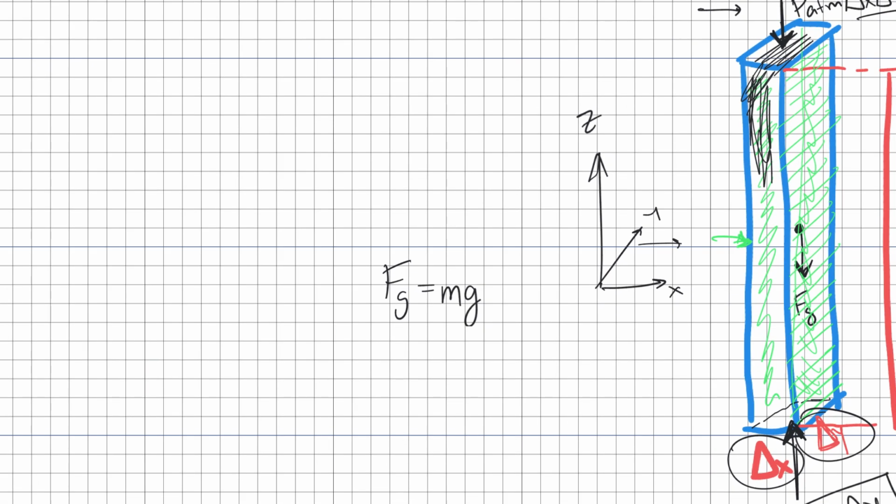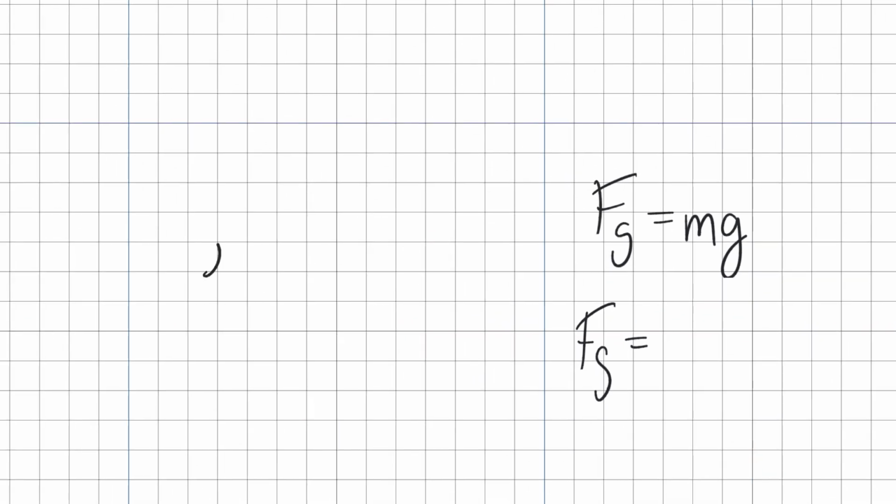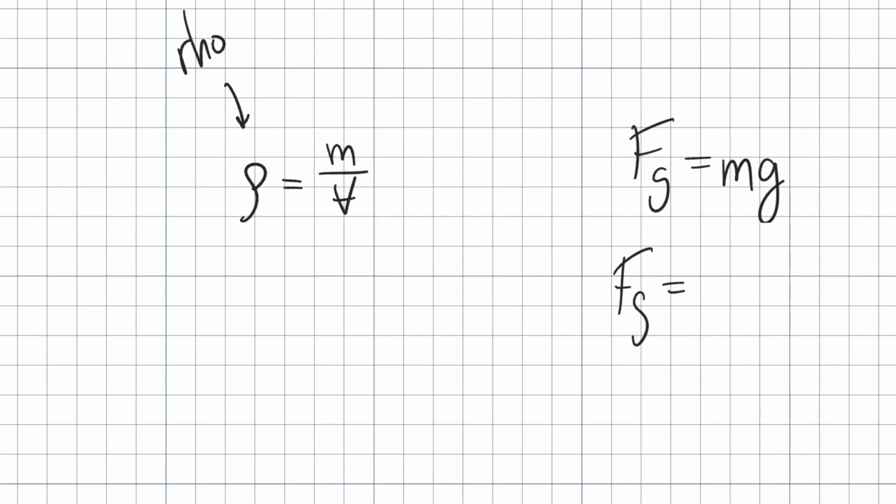The density is, now you're probably not used to that symbol, that's the Greek letter rho. The density is the mass divided by the volume of the object. So I can rearrange this and say rho times the volume equals the mass.